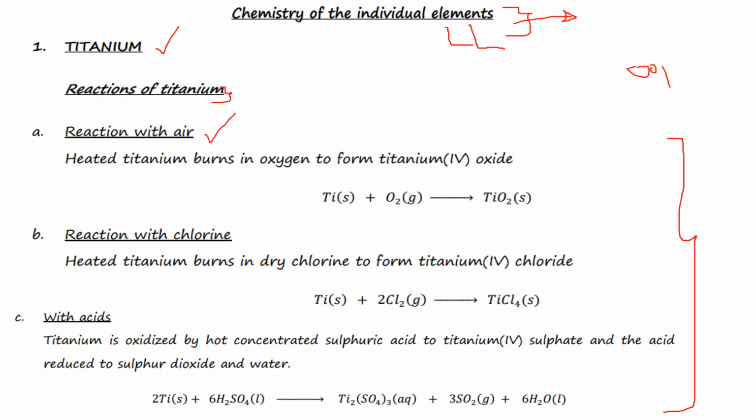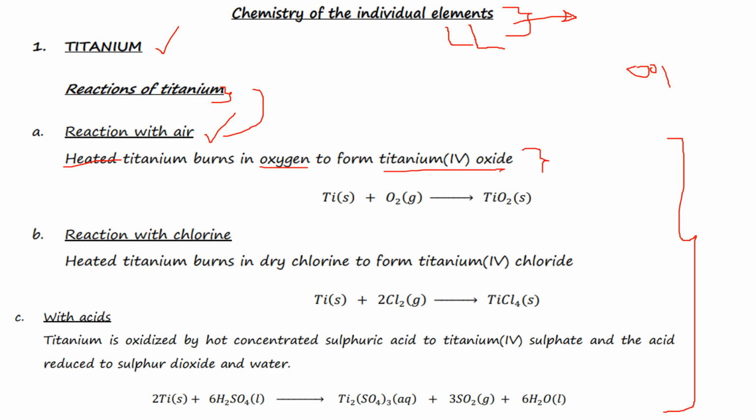Now when you're describing any reaction in inorganic chemistry, there must be conditions, and this is where the majority of you make mistakes. For titanium to react with air, the first condition is that it must be heated. So heated titanium burns in oxygen to form titanium 4 oxide.